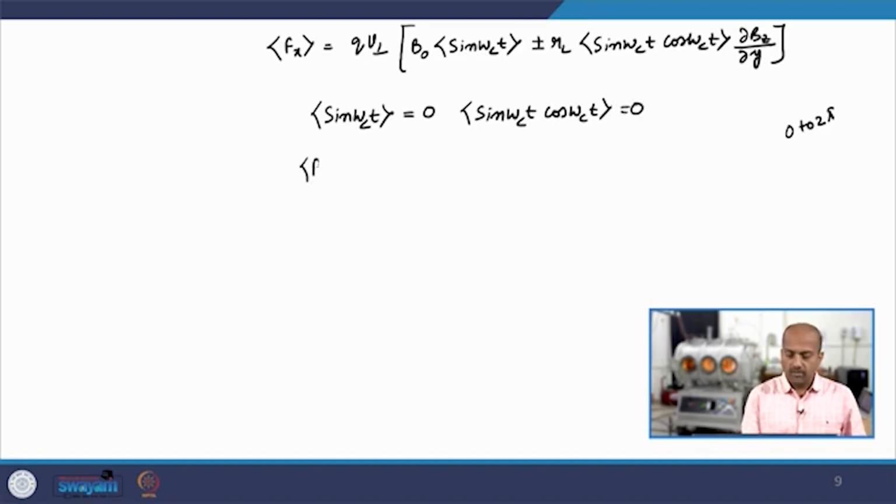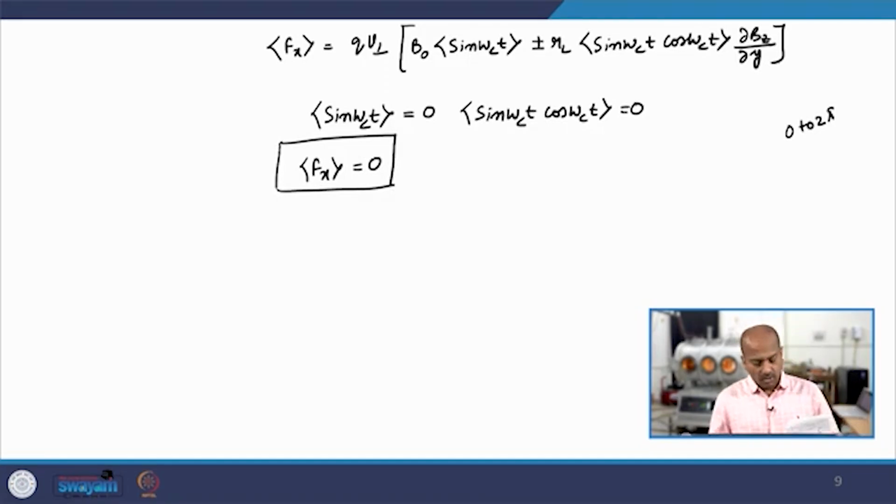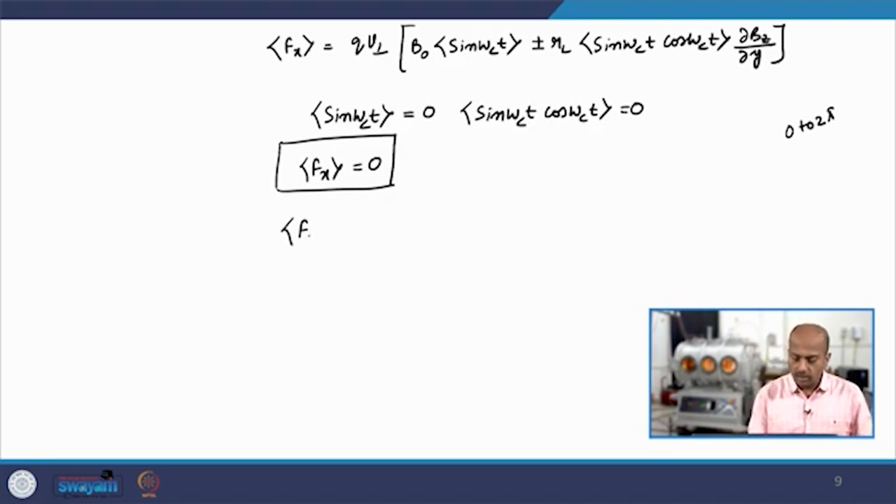So, that means the average Fx is 0. What does it mean? It means the particle is not experiencing any average force in the x direction over one gyro orbit.